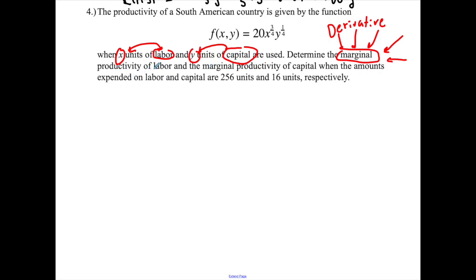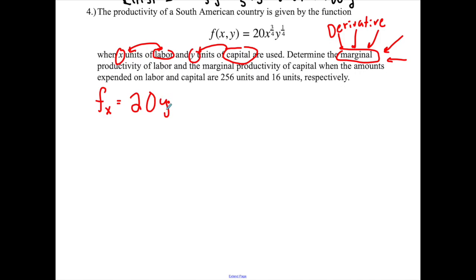So when I ask for marginal productivity of labor, I'm asking for the partial derivative of F with respect to x, because x is labor. And to do that, remember we treat 20 and y like they're constants, and we just differentiate x. So I'll have my 20.